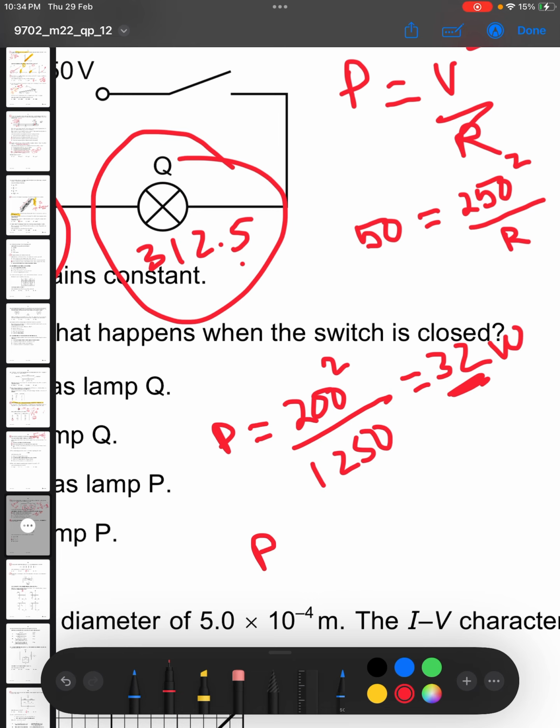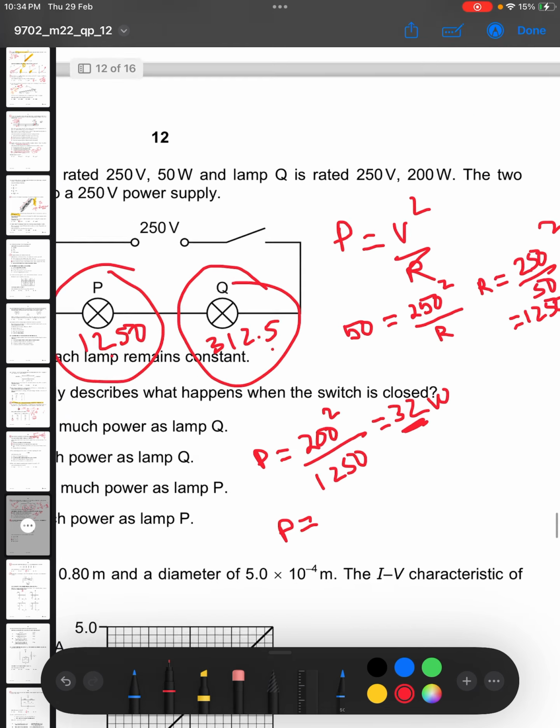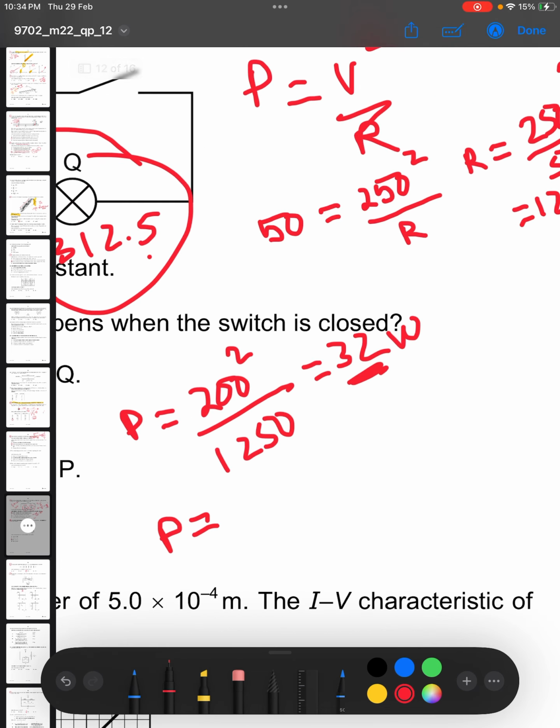Then the power dissipated by Q would be 50 squared divided by 312.5, the resistance of Q. This gives us 8.